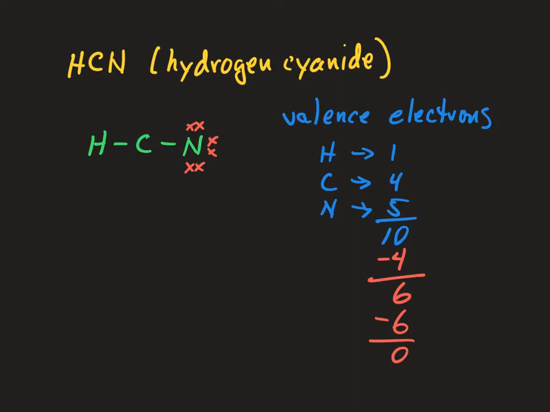And so nitrogen can share 2 of those. And so we can draw another structure. We have to redraw this, where there is a triple bond between the carbon and the nitrogen, leaving 1 unshared pair on the nitrogen. And that is an acceptable Lewis structure for the hydrogen cyanide molecule.